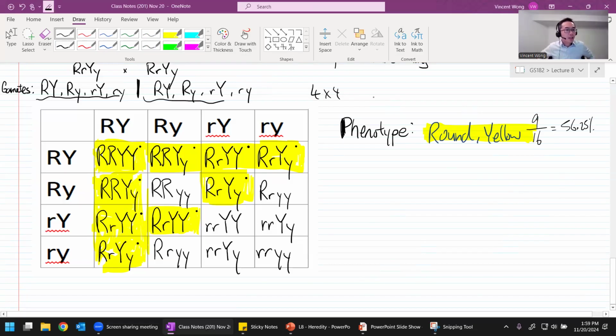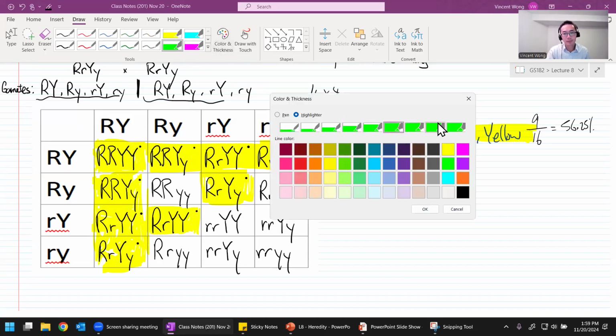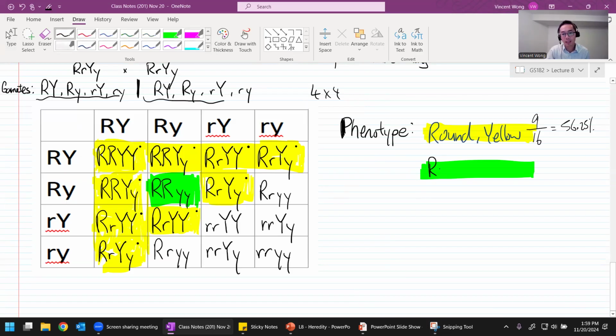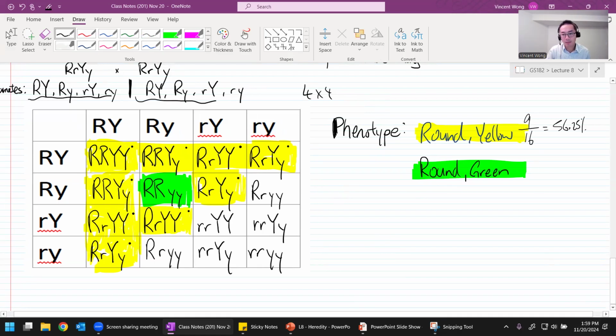Okay, I need another phenotype. Anybody? Give me another phenotype. Like what's this one? That is round and green. Very good. Let's find all the round and green. Let me know what fraction we have.